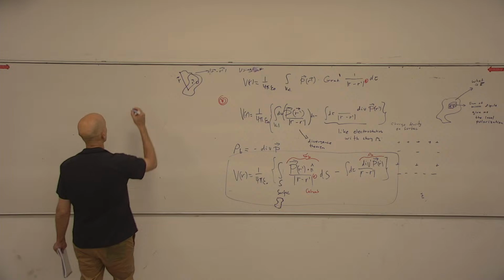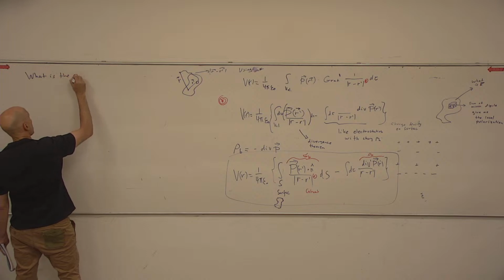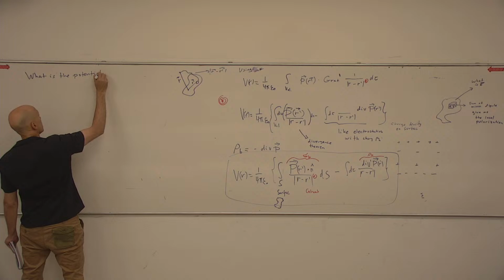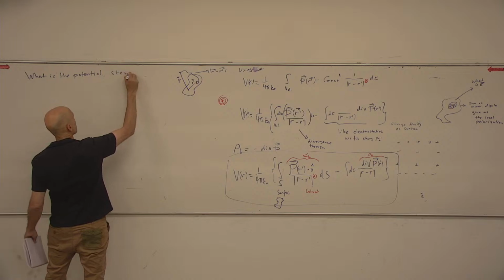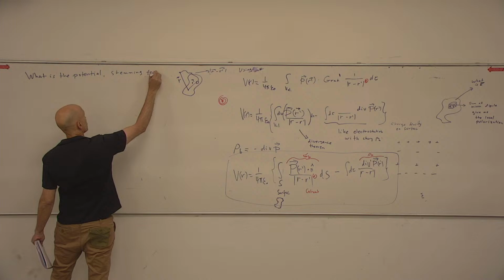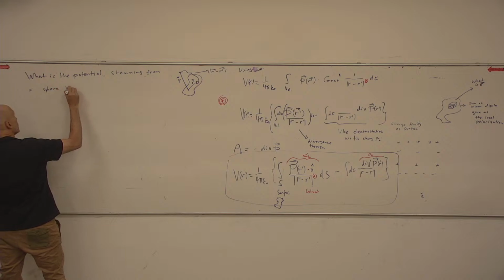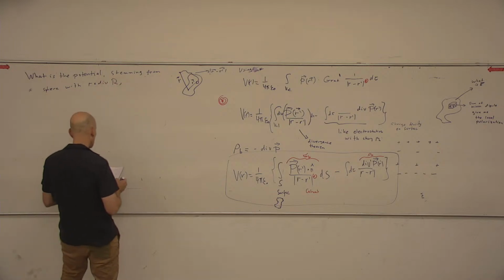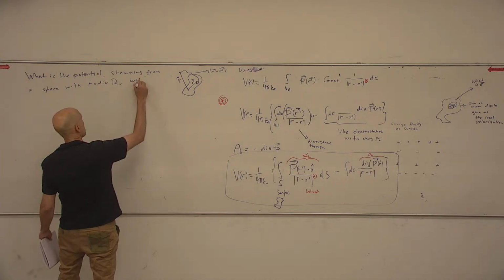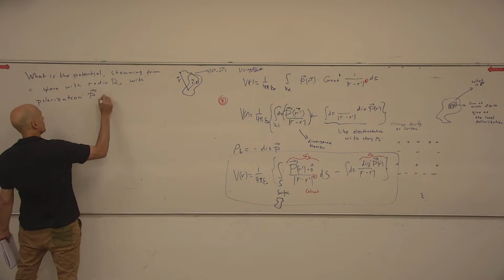So the question is like this, a simple question: what is the potential stemming from a sphere with radius capital R, with a polarization P, which is constant.